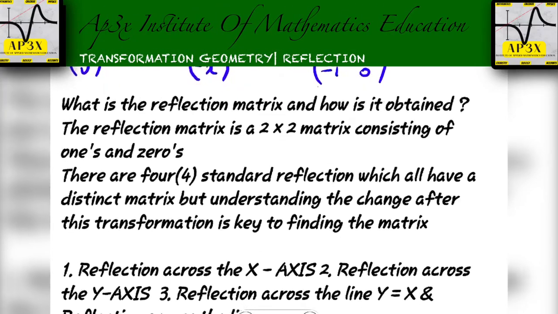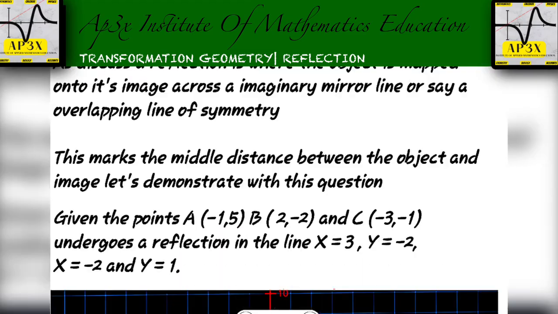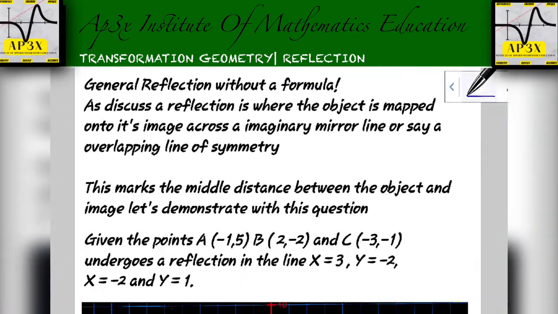Now, as we already discussed, those are the combinations of the reflection matrix. All right, now earlier I had demonstrated to you how to actually reflect an object without the formula, simply by moving equal distance away from the mirror line.